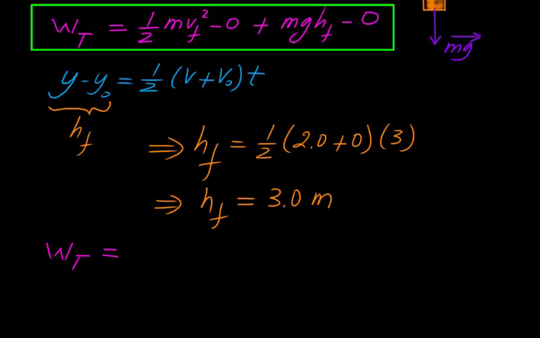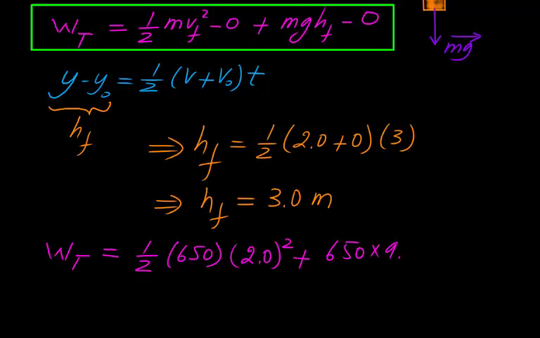Now it's possible for us to solve for the work done by the tension, which is going to equal 1/2 times the mass, which is 650 kilograms, times the final speed, which is 2.0 meters per second squared, plus mgh, which is 650 times 9.8 times the height that we just solved for, which is equal to 3.0 meters.